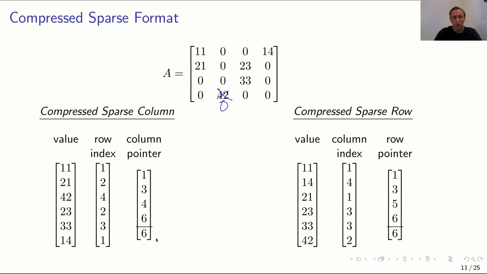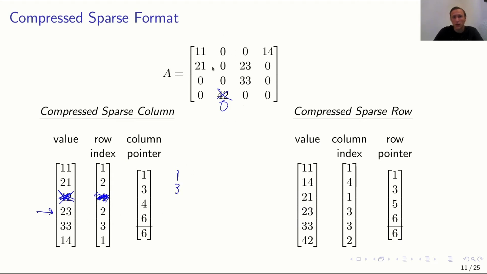So then in the column pointer, we would indicate that our first column is going to start with value 1, but now this value of 42 is going to disappear. It's no longer going to be there, neither is this row index. And then our second pointer is going to indicate that our second column is going to start in the third position. However, we don't have a second column.